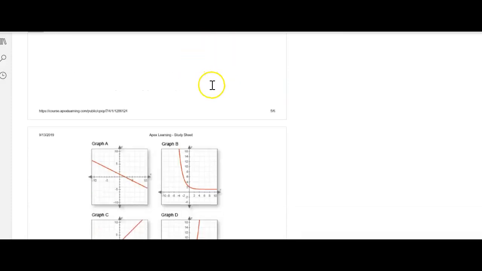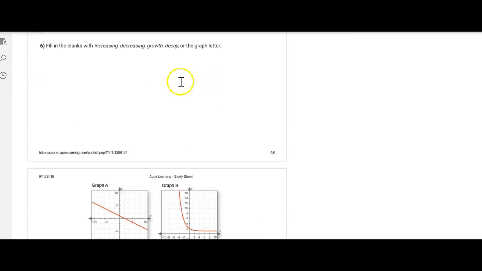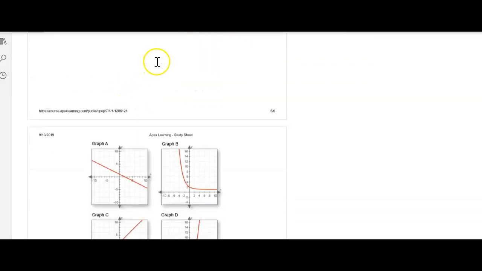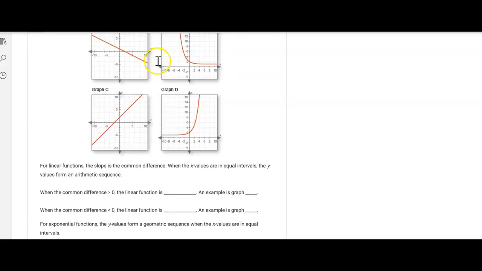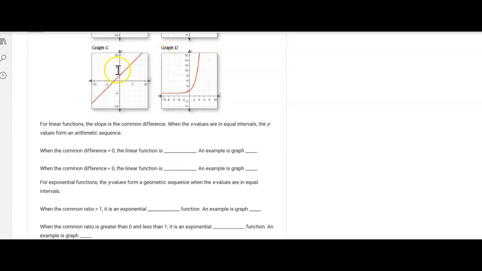All right. So, if we had to fill in the blanks here with increasing, decreasing, growth, decay, or graph the letter, when you look here, for linear functions, the slope is the common difference. When the x values are equal intervals, the y values form an arithmetic sequence.